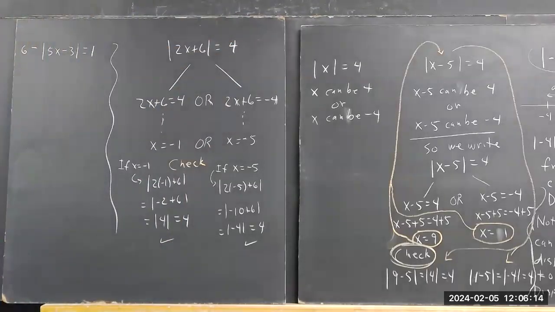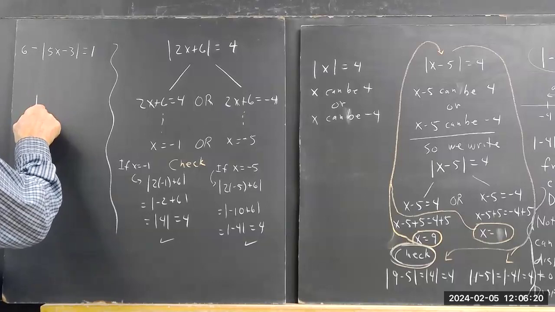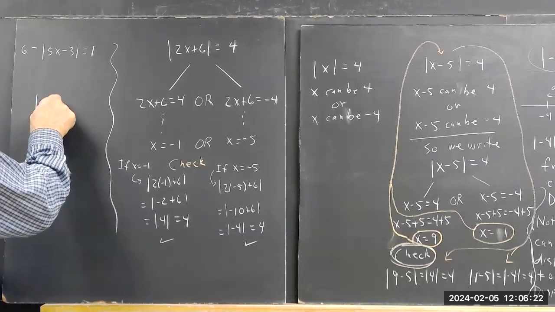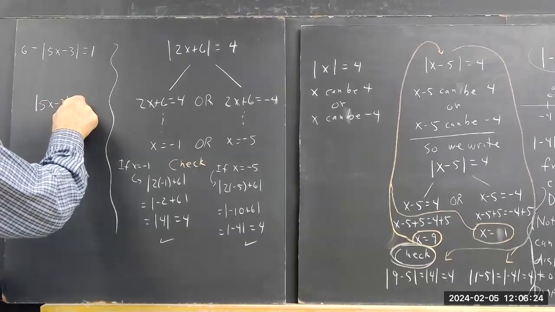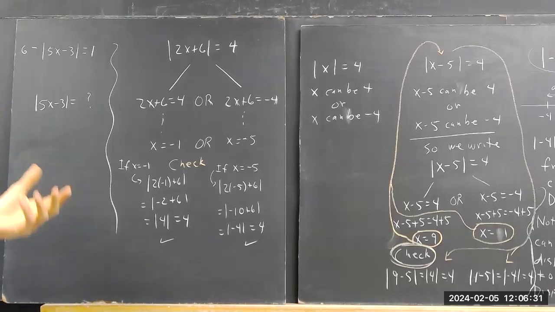So how do you get this to the form? Can we find out what the absolute value of 5x minus 3 would have to be equal to? Well, we can do that.